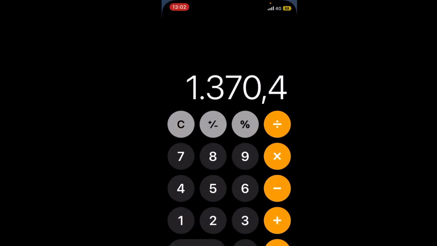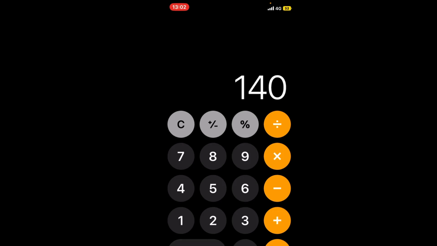Then I would like to go back to this calculator again. You sell $140 times 10 Monero. That will give you the equivalent of $1,400. Let's see the difference in price, what we profit.